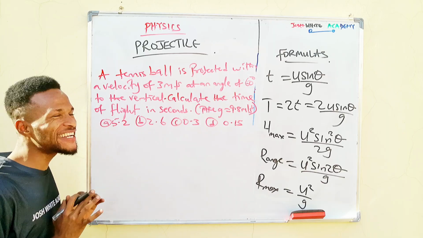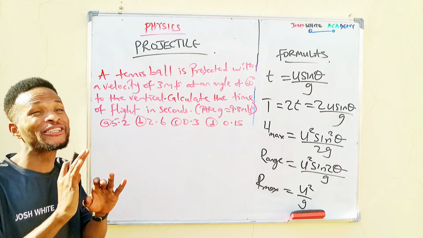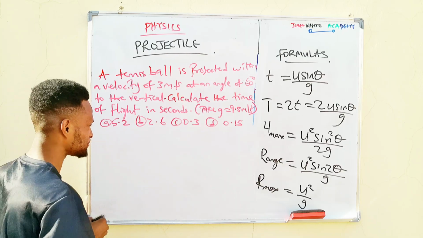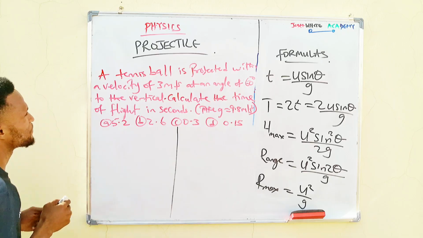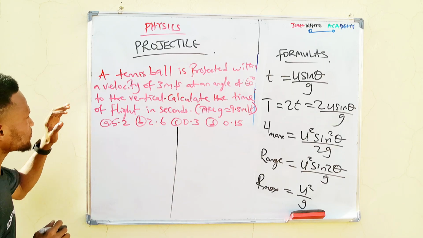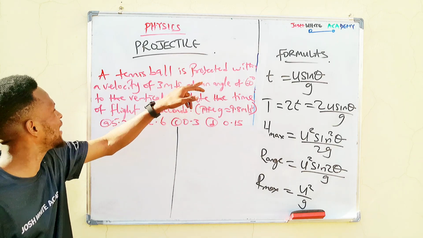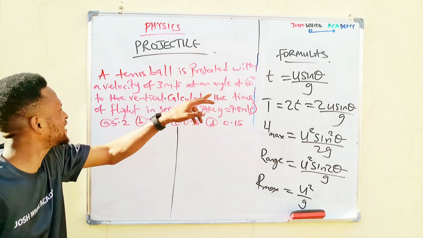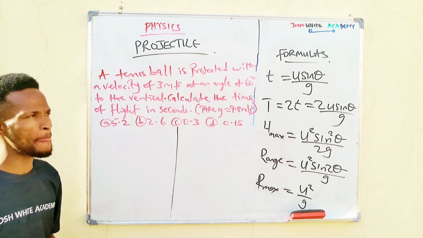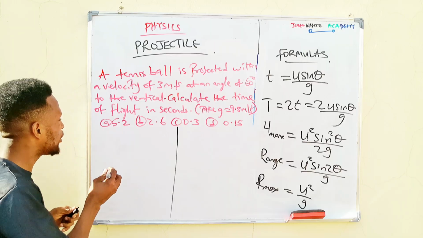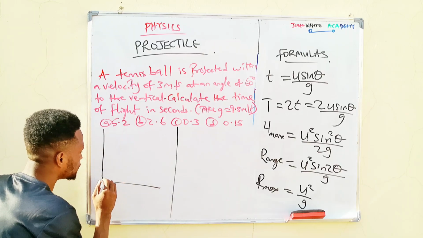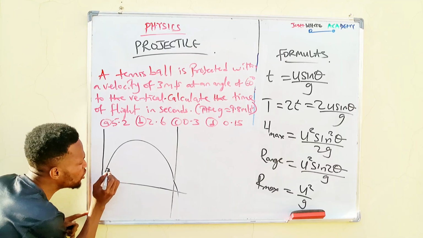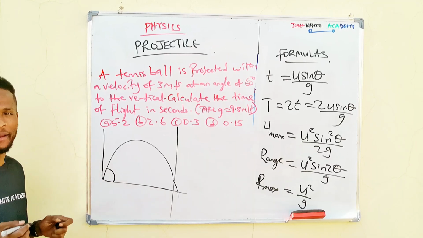That's why understanding a question is the most important part of that question. So let's analyze the question together. Look at this question. The tennis ball is projected with a velocity of 3 meters per second at an angle of 60 degrees to the vertical. Please take note, in our diagram of projectile, the angle is always to the horizontal.